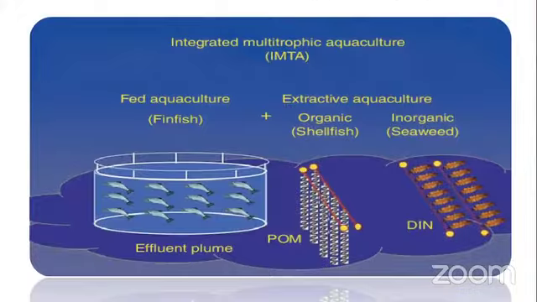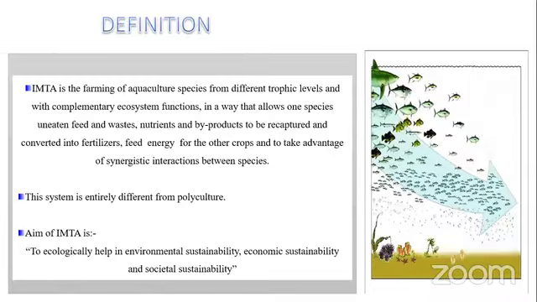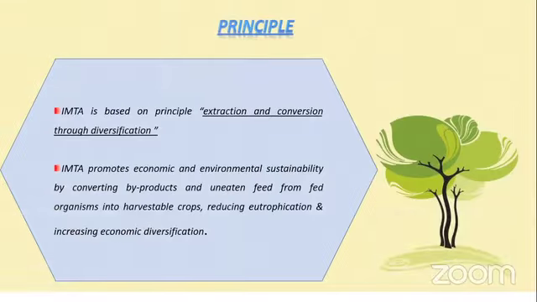This is the new integrated multi-trophic aquaculture system. Skip the slides, ma'am. I just go to the principle of this. Integrated multi-trophic aquaculture system is based on the principle of extraction and conversion through diversification.